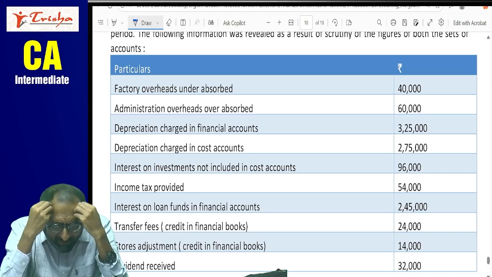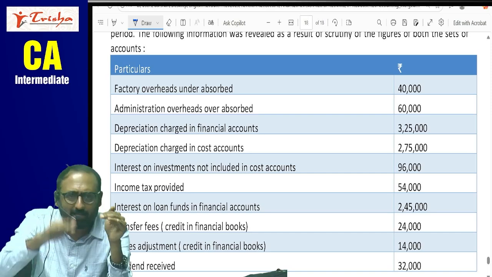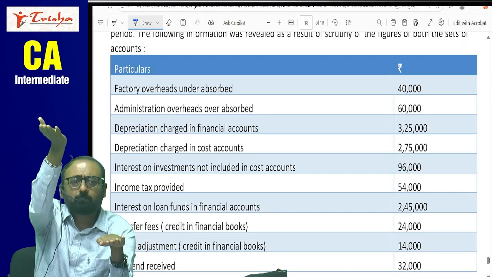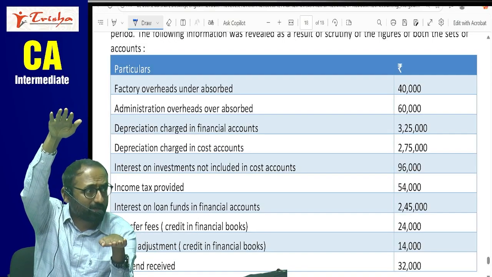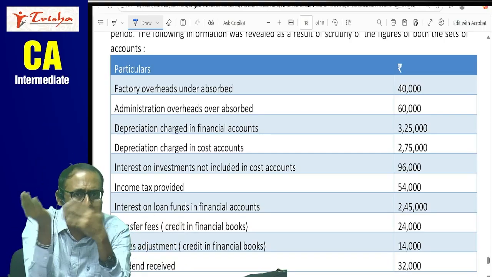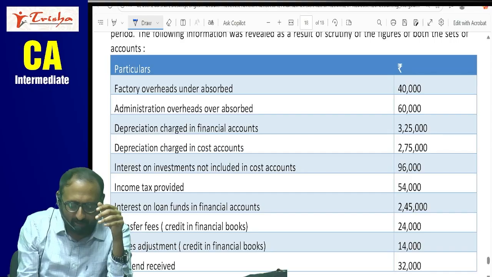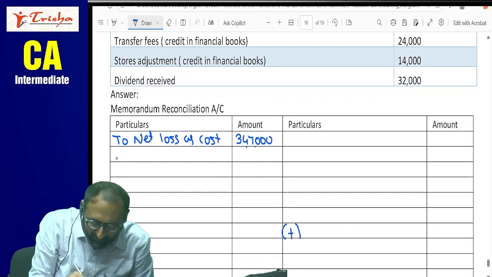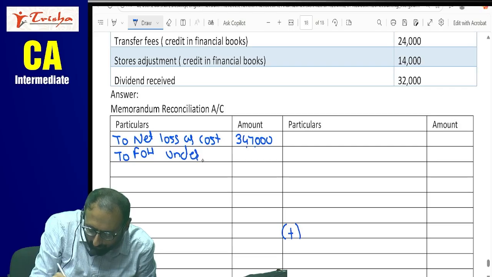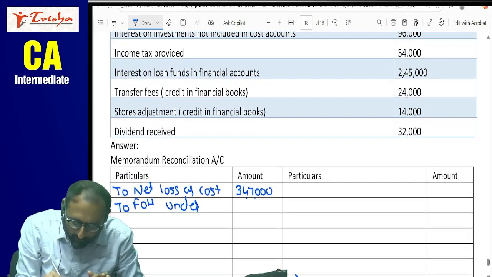Under absorption means less expenses under costing. If expenses are less, profit under costing will be more. From costing, you are going into finance, so you will have to deduct. So does deduct mean debit side or credit side? Debit side. So to factory overhead under absorption 40,000. Okay, Sirji, 40,000.